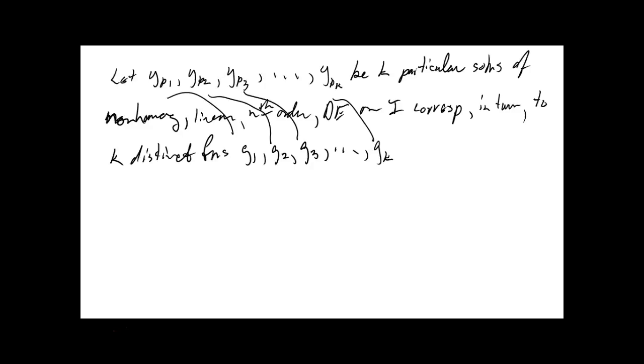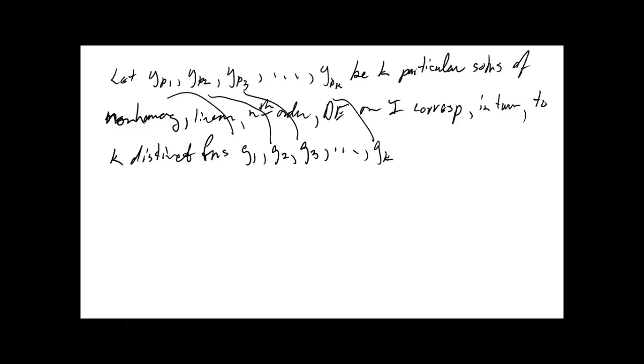Now, right now they're talking as if your non-homogeneous linear nth order differential equation corresponds either to G1, to G2, to G3, to G4, to G5, up to G sub k. But what they're saying is, what if this is all of those added together?